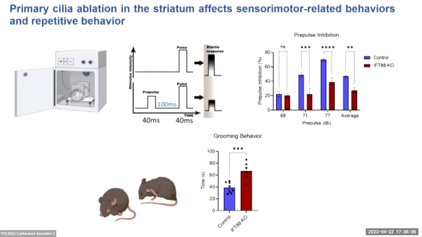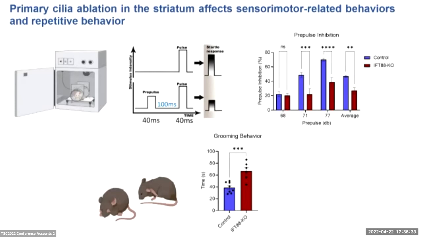In schizophrenia patients, that doesn't happen. In our experiments, we put the mice in a chamber and expose them to a loud sound of about 120 decibels, and they startle. Then when we expose them to a pre-pulse of 68, 71, or 77 decibels, they start to lose their startle response.